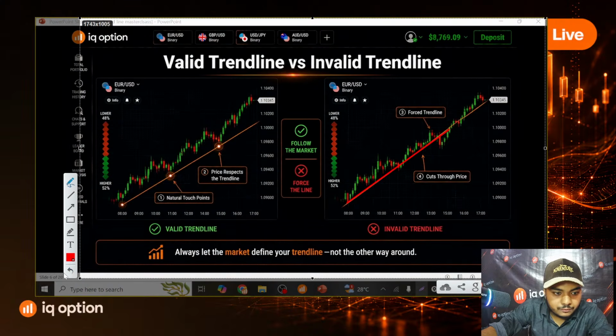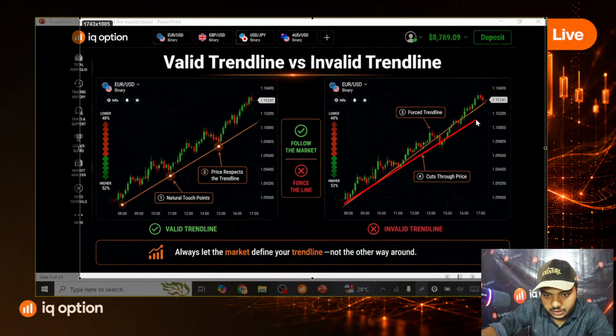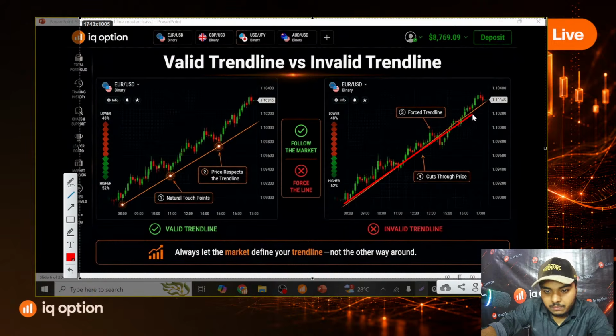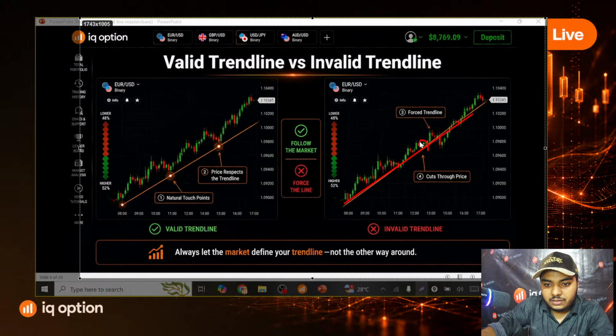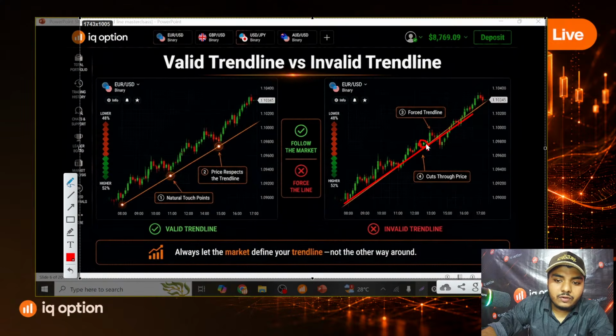But on this chart, the trend line is drawn forcefully from here to here for the sake of a trade here. Forcefully taking the opportunity like this eventually moves the market to you in a bigger loss. So do not try to force the candle.